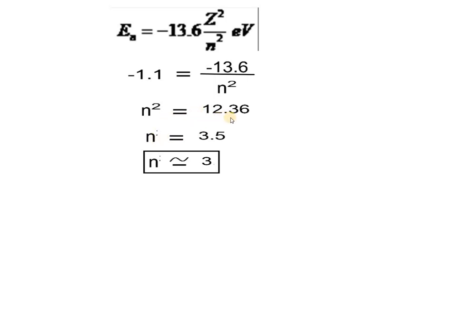If we take the square root of 12.36, you will get n is equal to 3.5. What does it mean? The electron cannot go beyond n is equal to 3. So approximately the electron will be in the state n is equal to 3. That means the electron is in the excited state of level n is equal to 3.